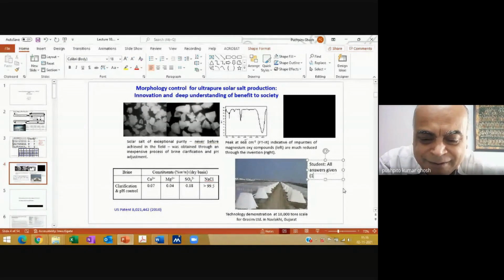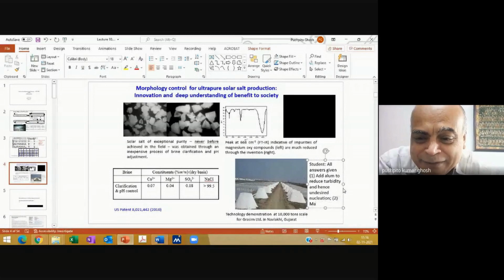1. Add alum to reduce turbidity and hence undesired nucleation. 2. Make the pH slightly acidic.